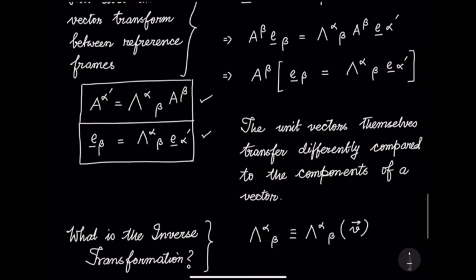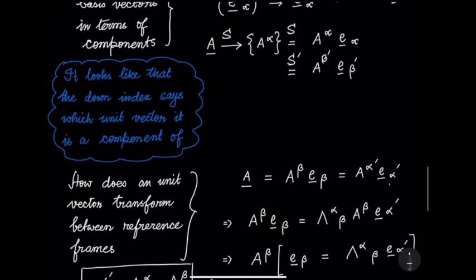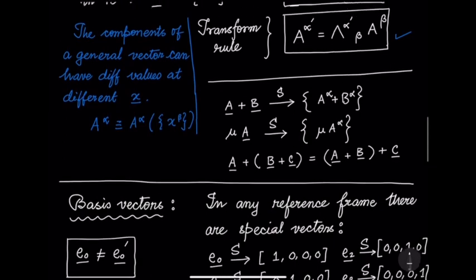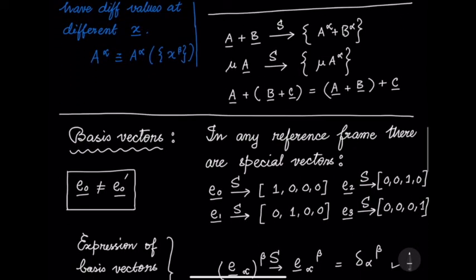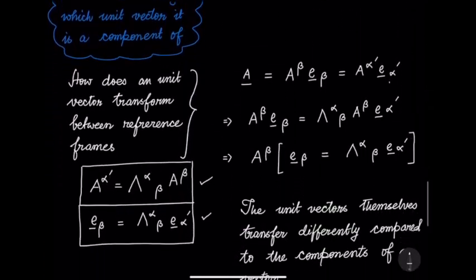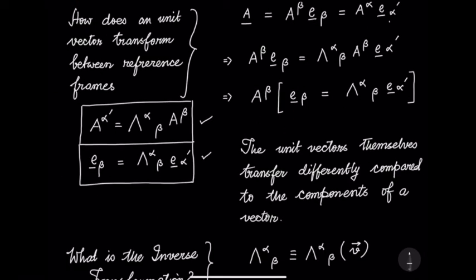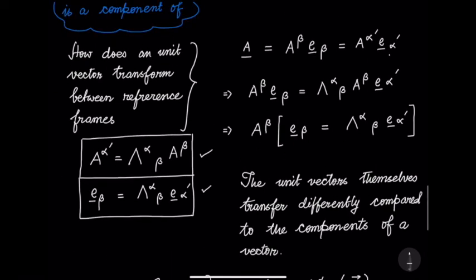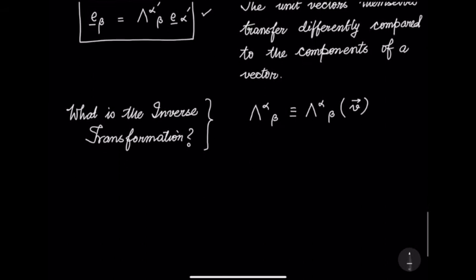And let me see where I have made a mistake. See, this should be alpha prime. This should be alpha prime, because otherwise you cannot sum over them, right? So this is alpha prime.